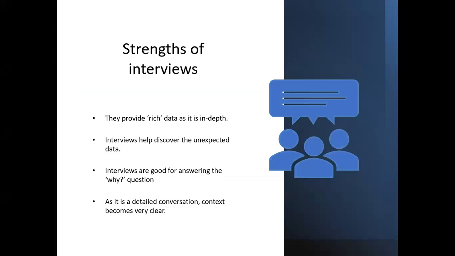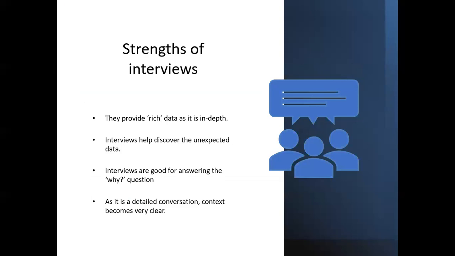Let's talk about the strengths of interviews. What is the plus point of doing an interview? They provide rich data as it is in depth. When we go for an interview, we have a bundle of information, lots of data in our hand, so we can select data from there.